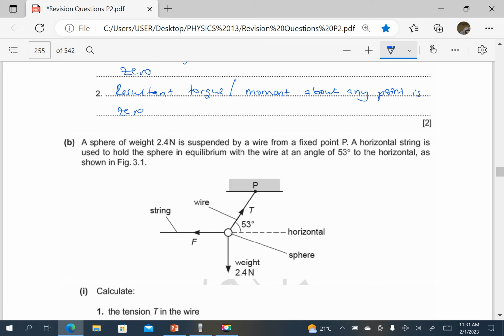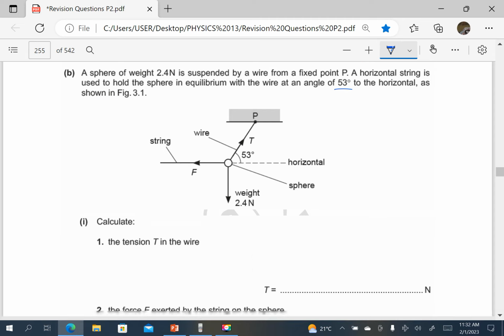Okay. A sphere of weight 2.4 newtons is suspended by a wire from a fixed point P. A horizontal string is used to hold the sphere in equilibrium with the wire at an angle of 53 degrees to the horizontal.